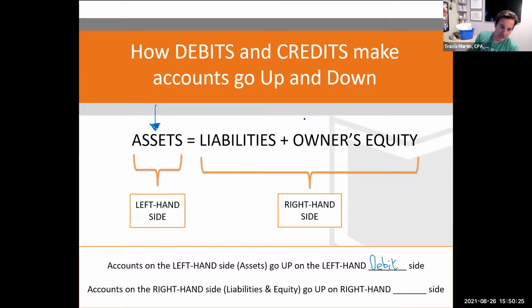If the account lives on the right-hand side of the equation, it goes up on the right-hand side of the account, or the credit side. I'll give everybody a second to jot that down because that's critically important.